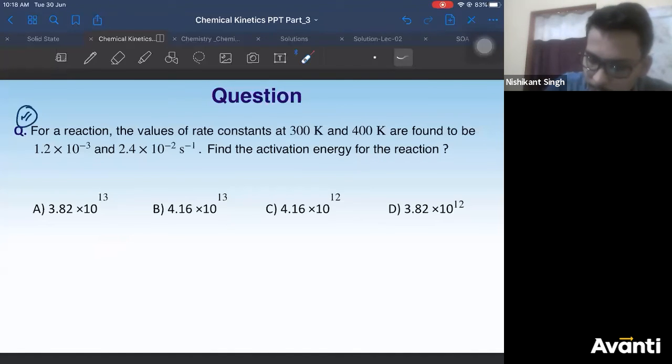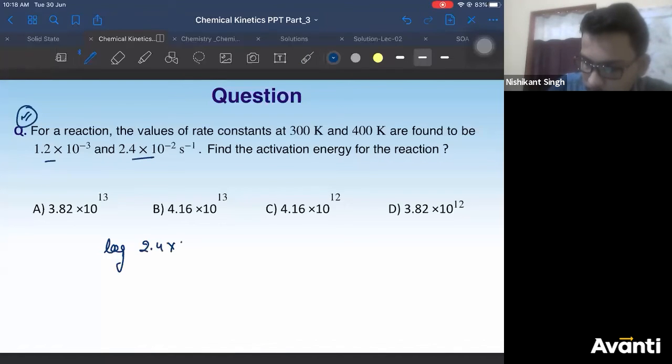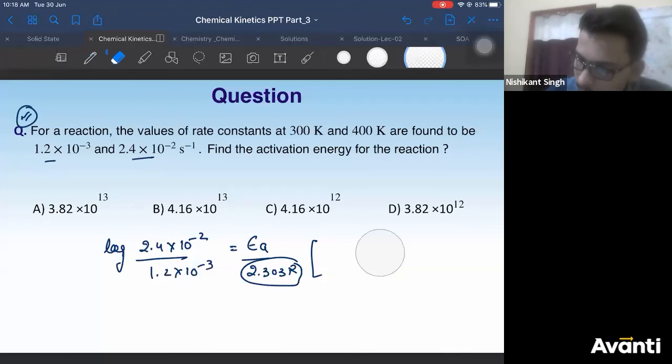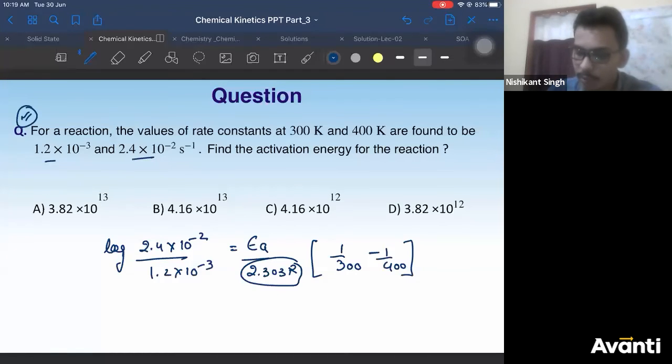So log K2 by K1, that is 2.4 into 10 power minus 2 by 1.2 into 10 power minus 3, equals Ea by 2.303 R. I would suggest you remember the value of 2.303 R. It will save time in exam. Into 1 by T1 minus 1 by T2. So in place of 1 by T1, you can write 1 by 300 minus 1 by 400. So you have to find Ea.